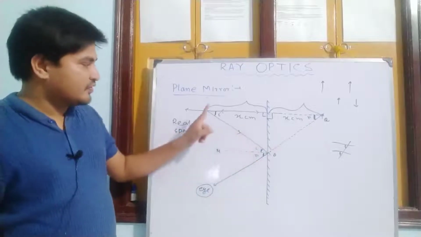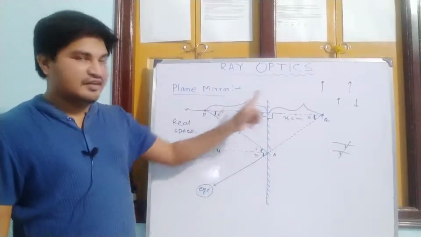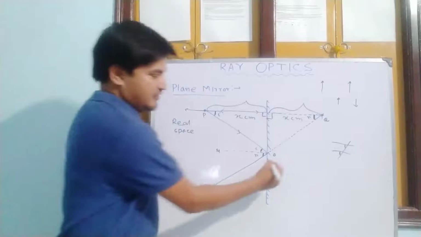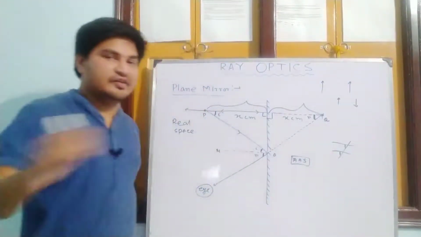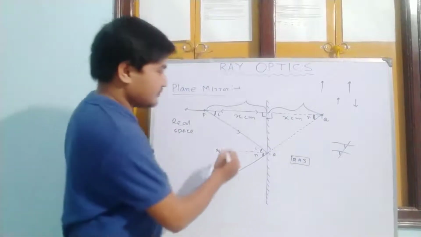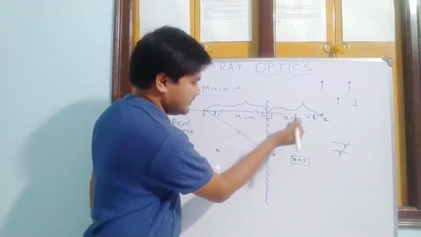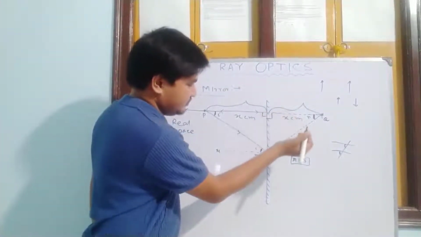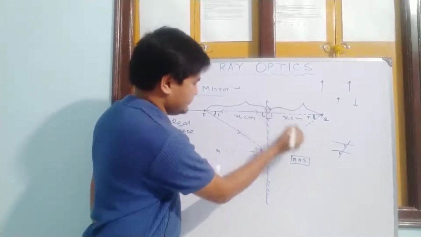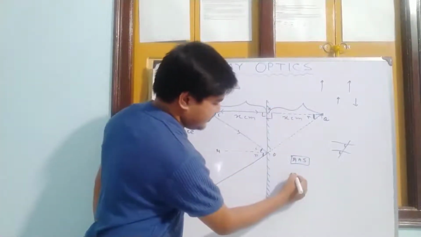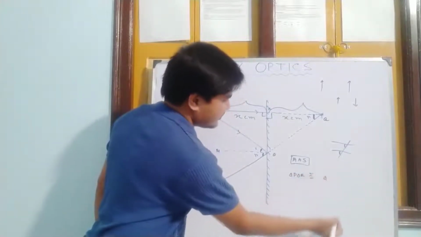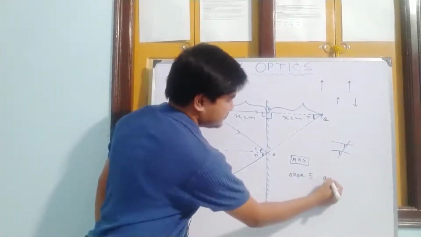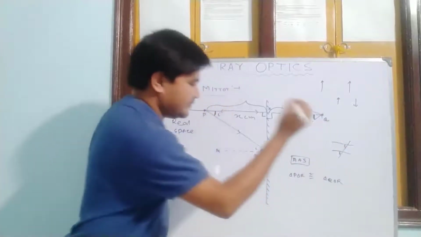So, angle-angle-side, AAS. According to this law, if I give it the names, suppose, POR and QOR.